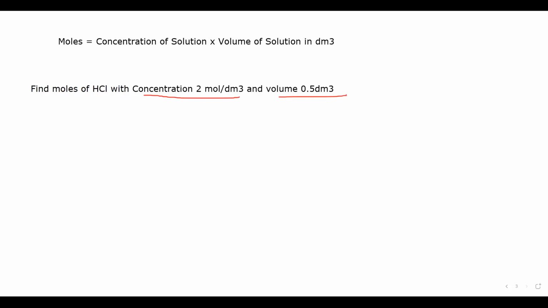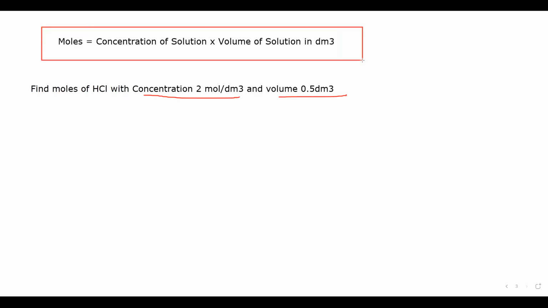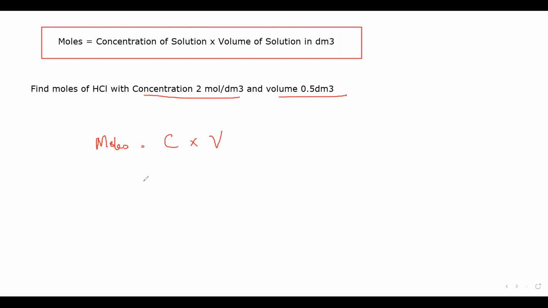So what is the formula? The second formula to get the moles is the concentration of a solution multiplied by the volume of solution. The concentration of the solution is given as 2 and the volume is given as 0.5.